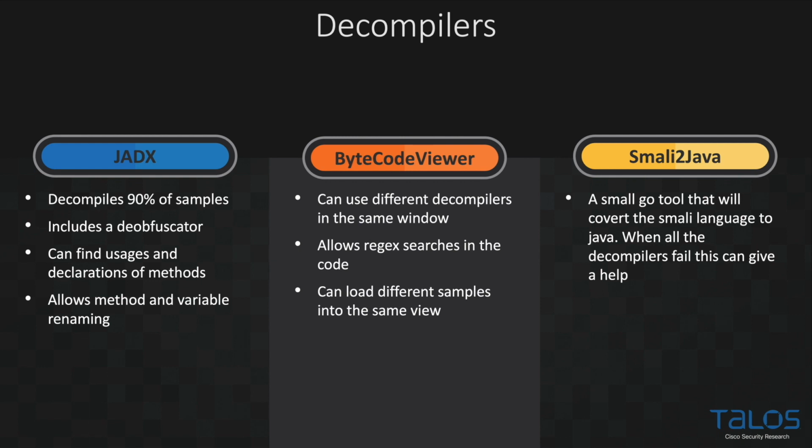And finally, I like Smali2Java. I recently came across this because I had a sample where the routine for the C2 wouldn't decompile on JADX and wouldn't decompile on any of the decompilers that came with Bytecode Viewer. So I was stuck in a place where I couldn't see the code.